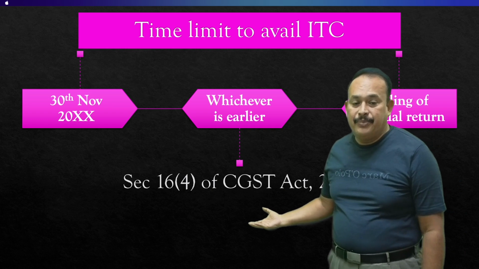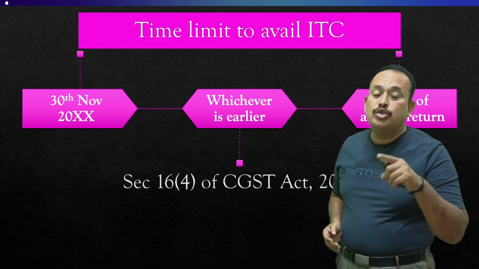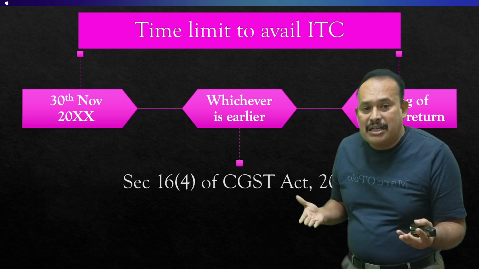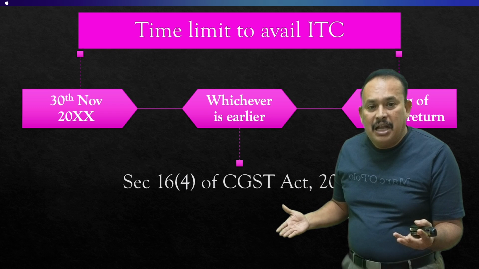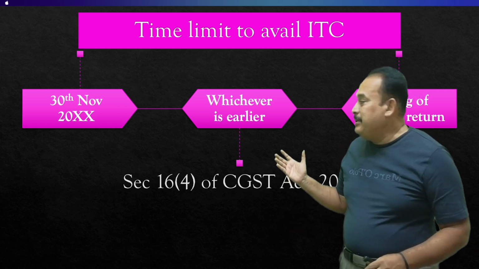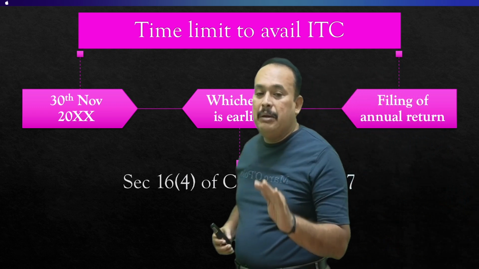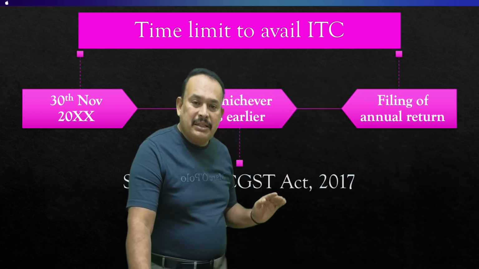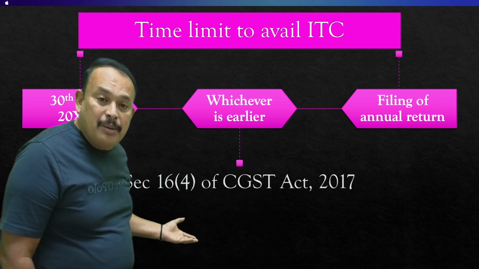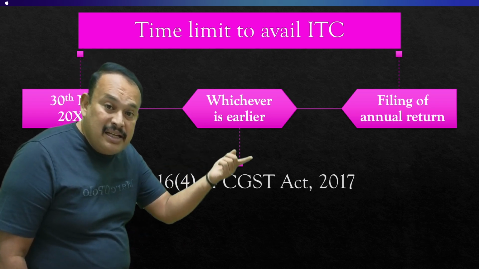Meaning thereby, by 30th of November 2025 or the date of filing the annual return, namely GSTR 9, among the two, whichever is earlier. That is the time limit under Section 16, subsection 4 of the CGST, the time limit to avail the ITC. But this time limit under Section 16, subsection 4 is not applicable if it is re-availment of ITC, which we understood in the earlier session.